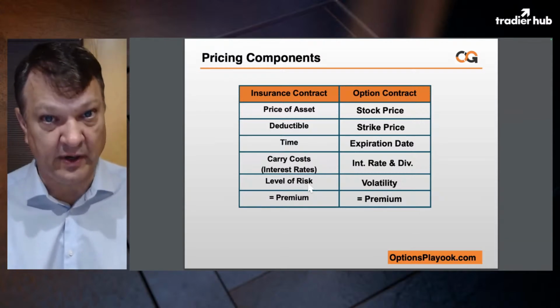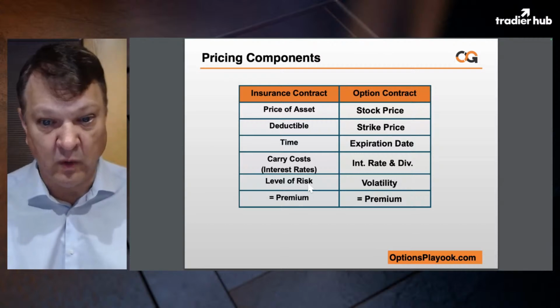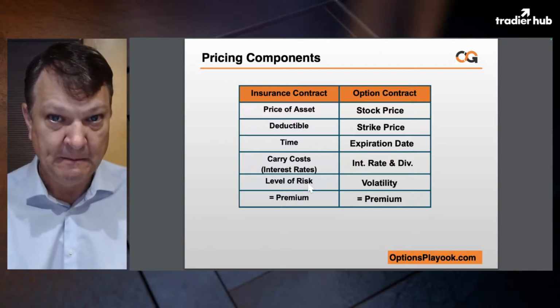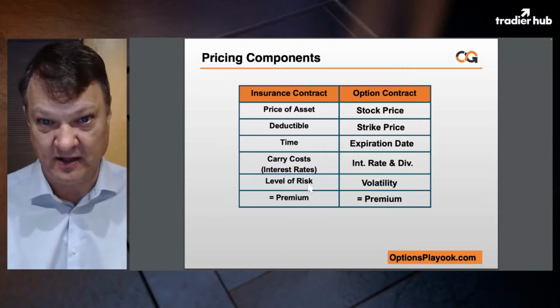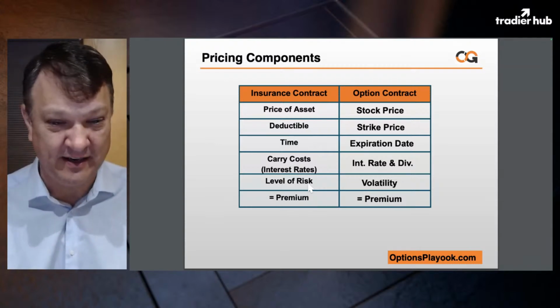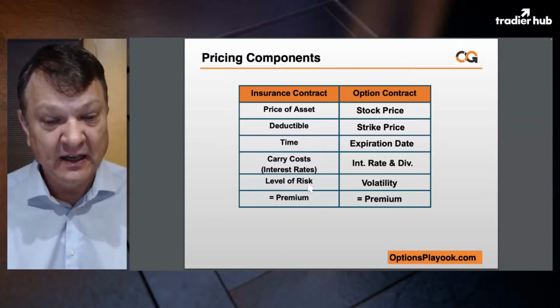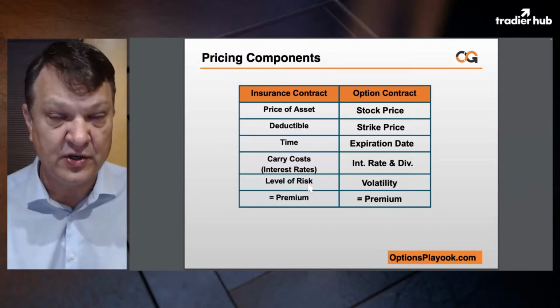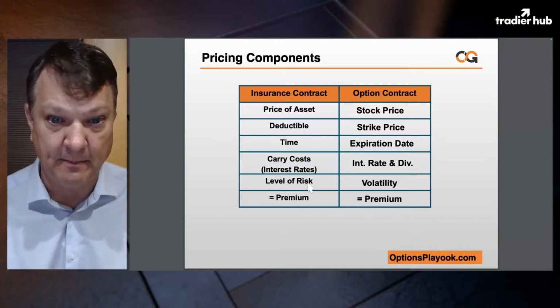So actuaries try to figure out what that level of risk is. And that's the main difference between the Geico policy, the Allstate policy, or the State Farm policy: how they determine that level of risk and what they're willing to sell you that policy for.